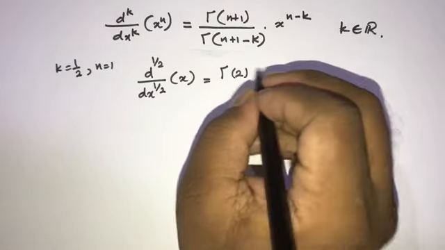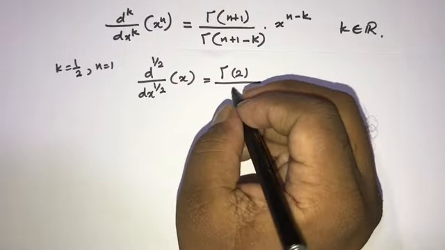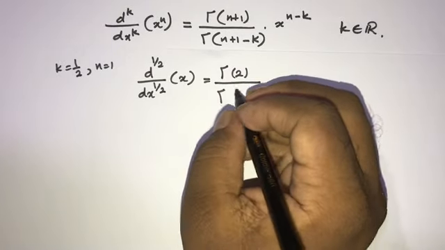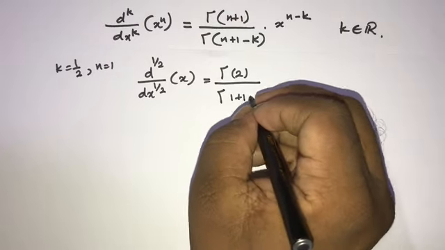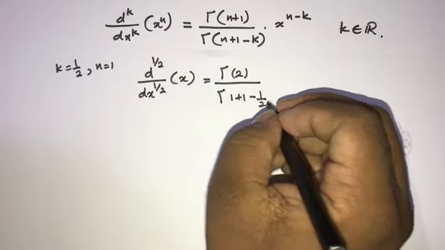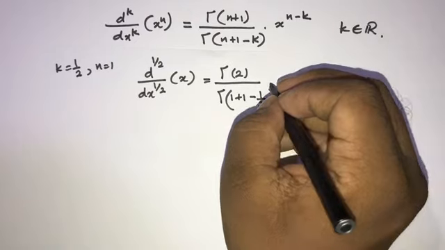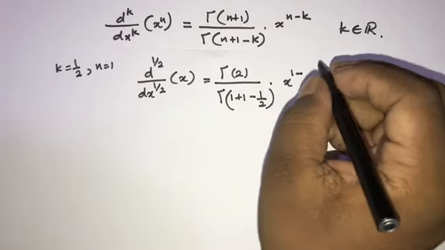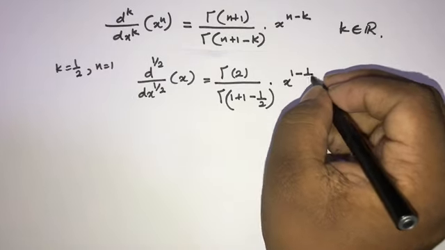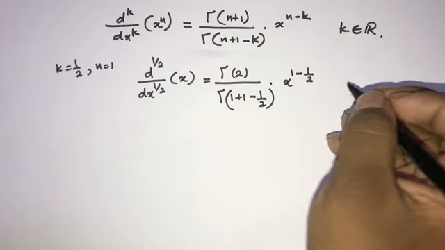So gamma of 2 over gamma of 1 plus 1 minus 1/2, times x to the 1 minus 1/2.